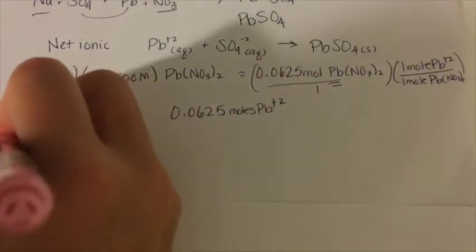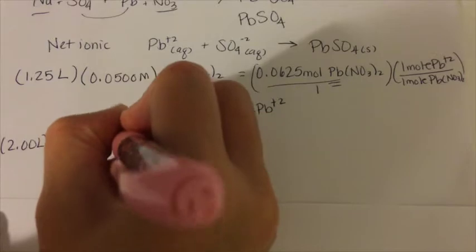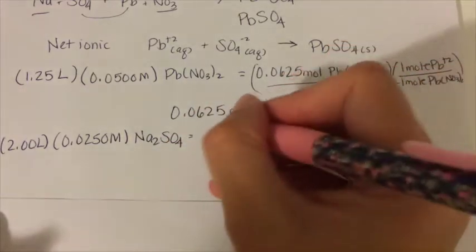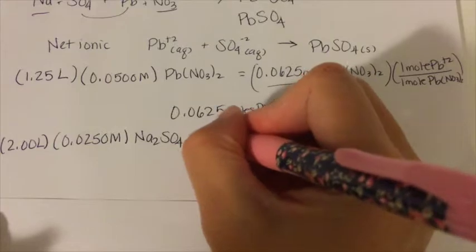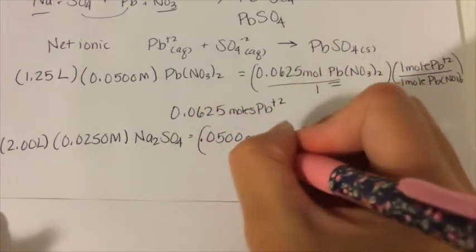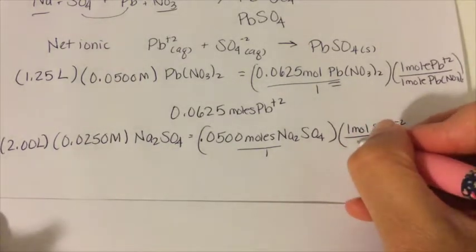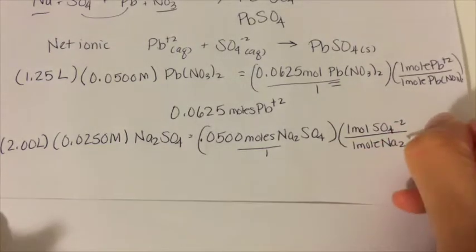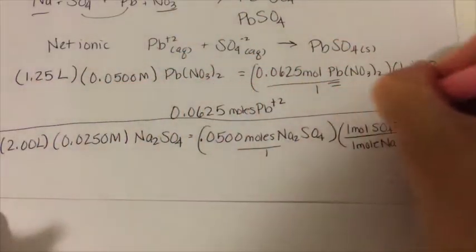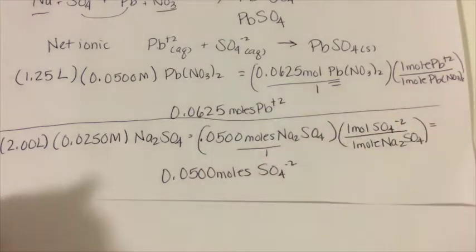Our second solution was 2.00 liters of 0.0250 molar Na2SO4, and that gives us 0.0500 moles of Na2SO4, and we want moles of SO4, and there happens to be 1 mole of SO4 in every 1 mole of Na2SO4, so this also winds up being 0.0500 moles of SO4 -2.